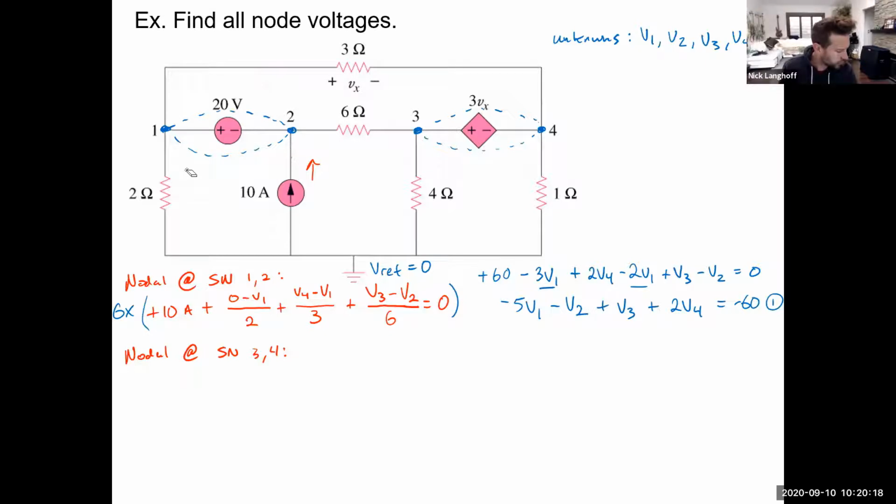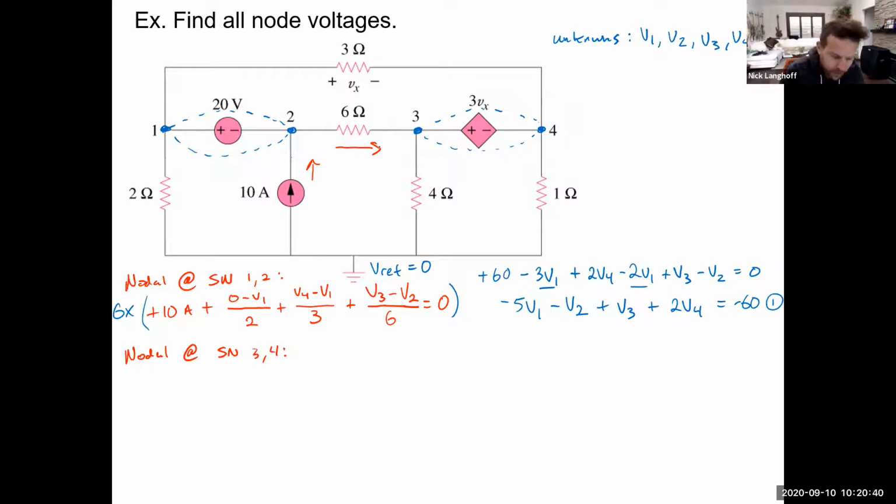So let's take a look at the current through the 6 ohm path. So now we're thinking of it as going towards the right, even though it's one or the other, right or left. But as we're writing this equation, we're considering all the currents going into the supernode. And so we draw them as all pointing into node 3 or node 4.